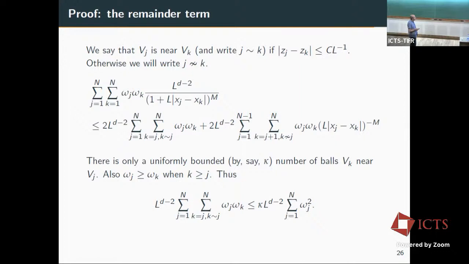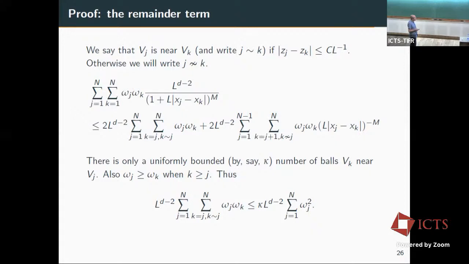I say that the region Vj is near Vk, and I will write j squiggle k, if the distance of the centers of the outer balls of my regions is smaller than or equal to C L to the -1. So let us look at this quantity. I can divide this sum into two pieces. In the first case, for each J, I will only take those Ks such that Zj is close to Zk.